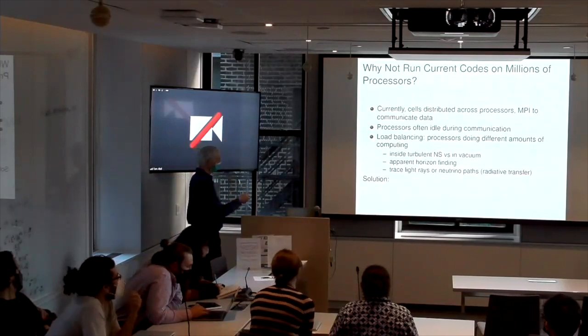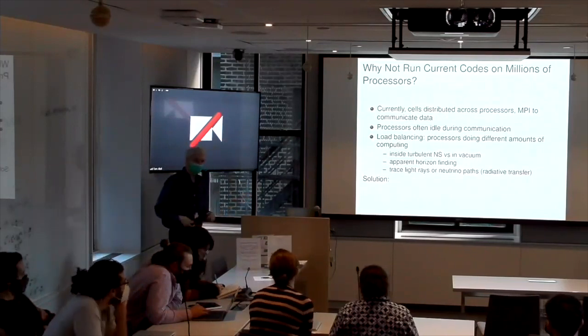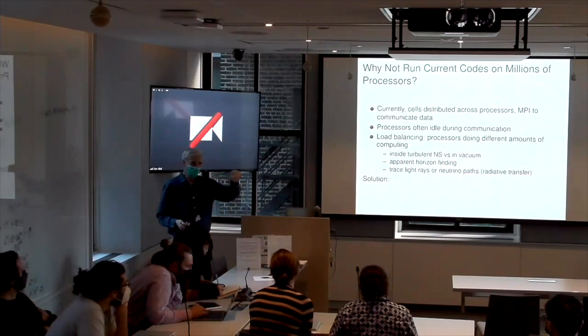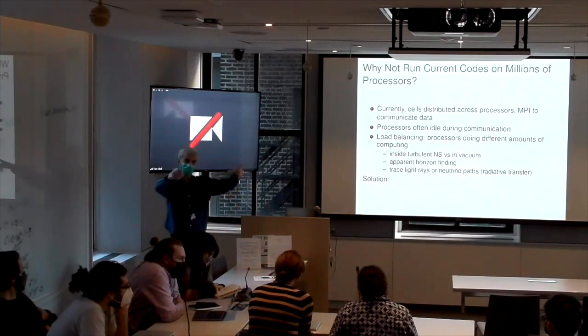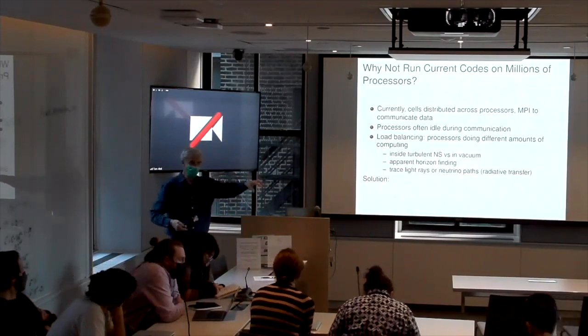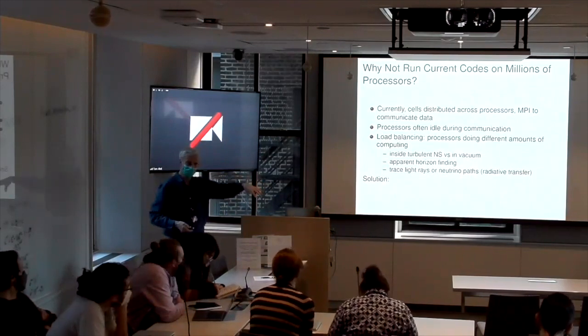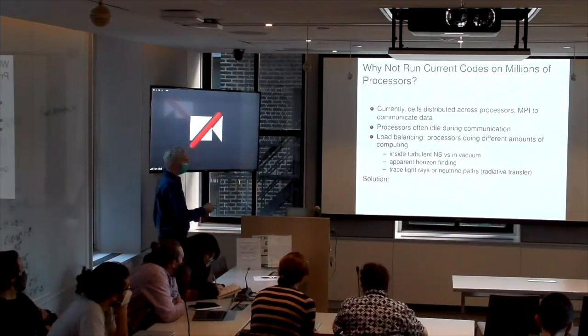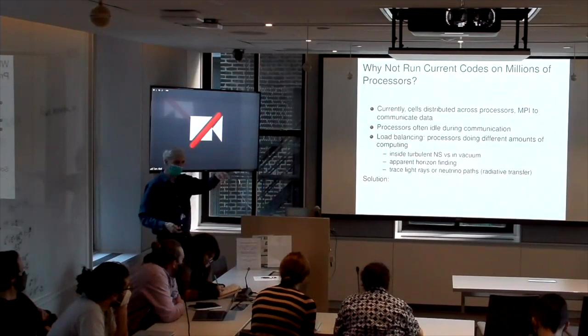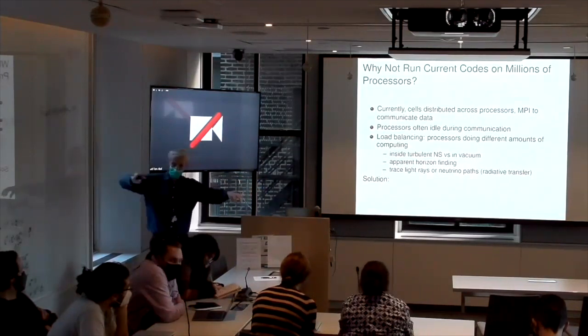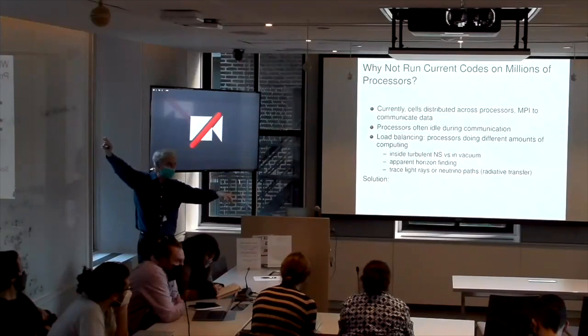And then you have a load balancing issue, which means that different processes can be doing different amounts of work. You might have adaptive mesh refinement, different numbers of grid points in different subdomains. You might be inside a turbulent neutron star on one subdomain, whereas you could be in vacuum propagating gravitational waves out to LIGO on another process.